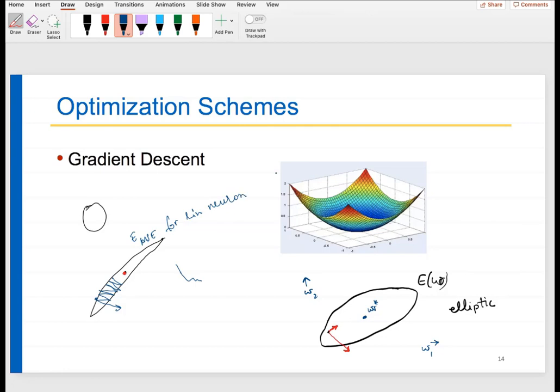Linear neuron means a linear function, right? But if you have non-linearities, the error function will not be a uniform elliptical bowl, but it will be a very difficult to navigate kind of terrain, something like this.